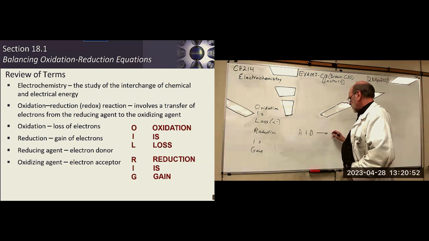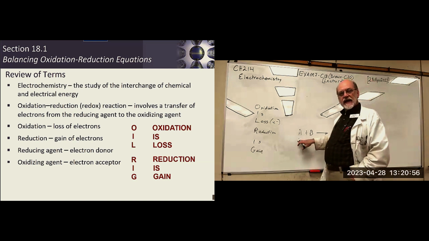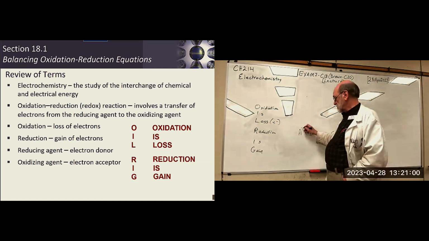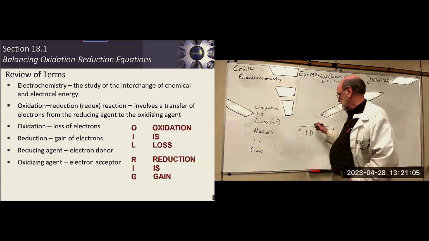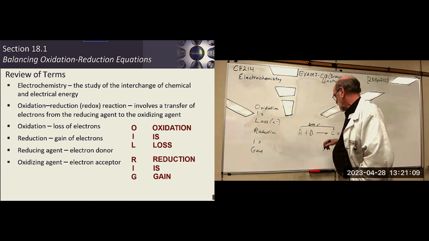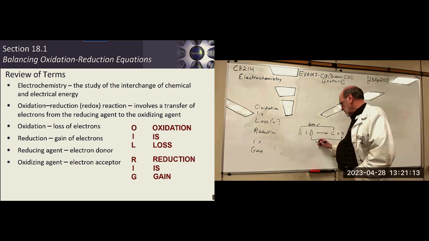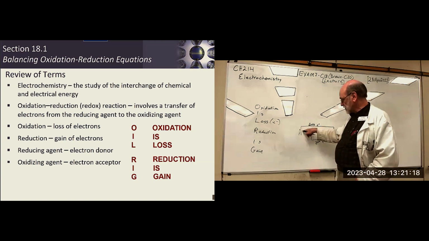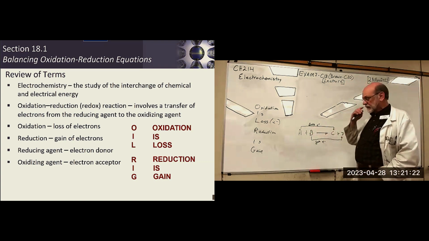So we're going from A plus B to C plus D. Let's say A loses electrons and it becomes C. So we have a loss of electrons. Then this one must gain electrons. So these electrons are transferred to this one in order to produce these products.